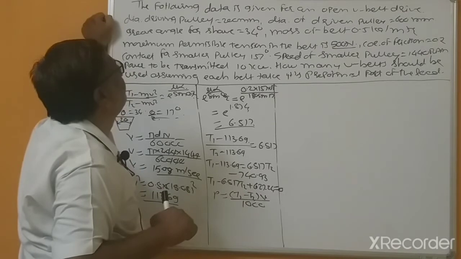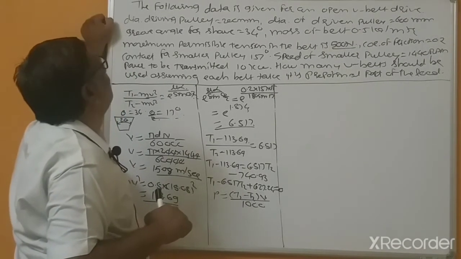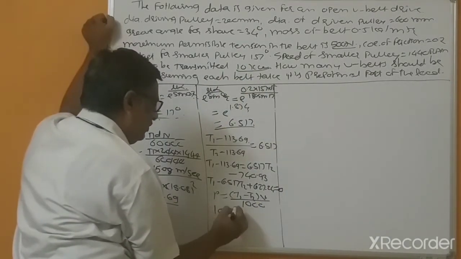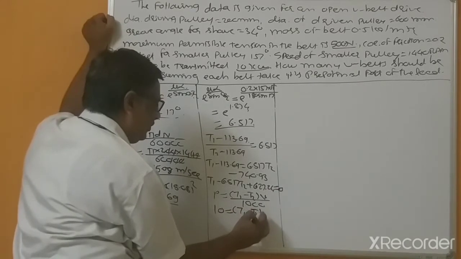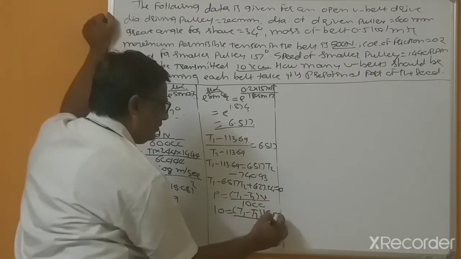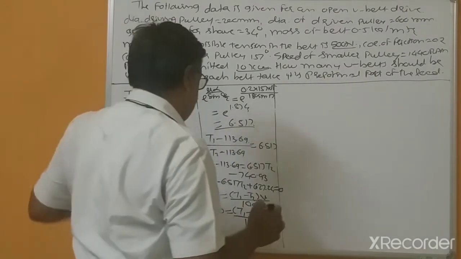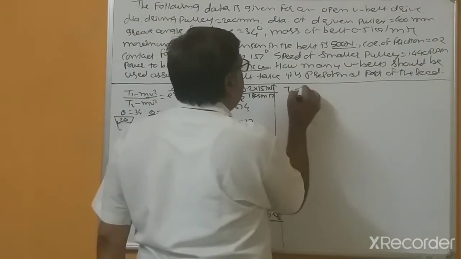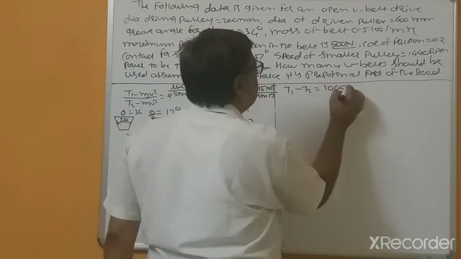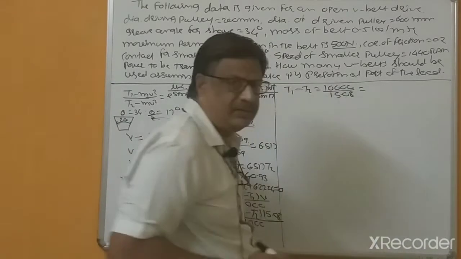So 10 kilowatt equals (T1 minus T2) V, with V equal to 15.08, multiplied by 1000. So T1 minus T2 equals 10,000 divided by 15.08.